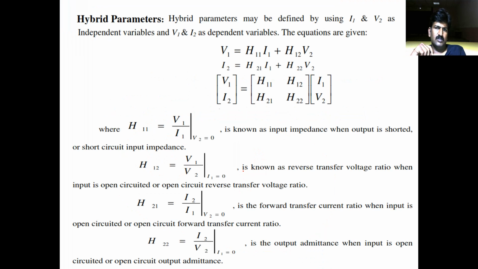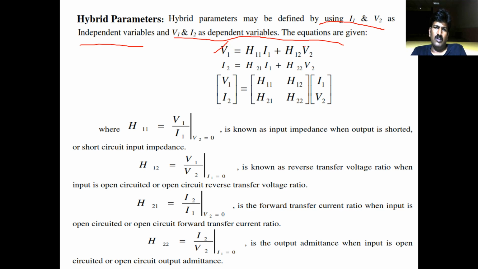Hybrid parameters are a mixing of admittance as well as impedance. Hybrid parameters may be defined by using I1, V2 as the independent variables and V1, I2 as the dependent variables. V1 is equal to H11 I1 plus H12 V2.